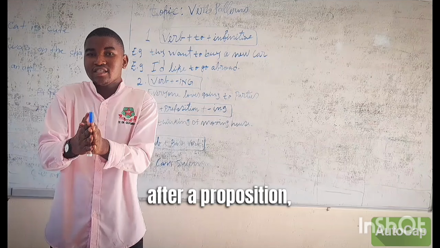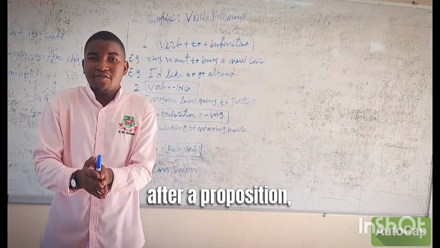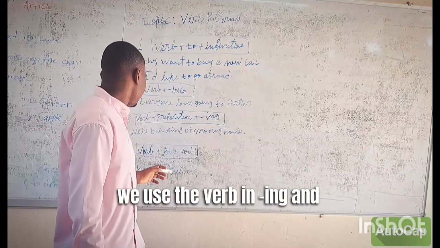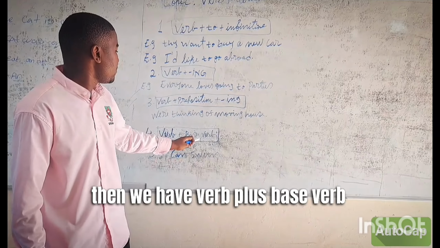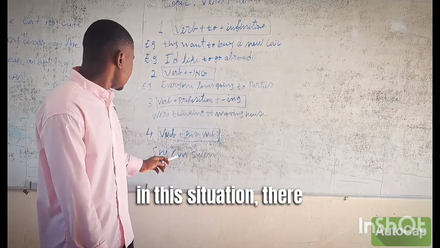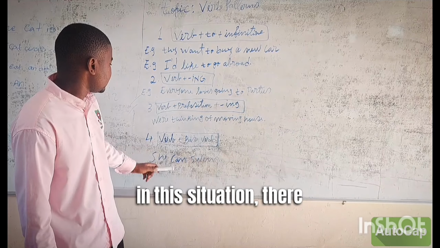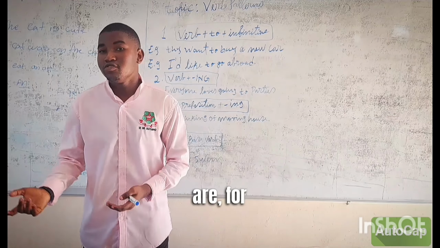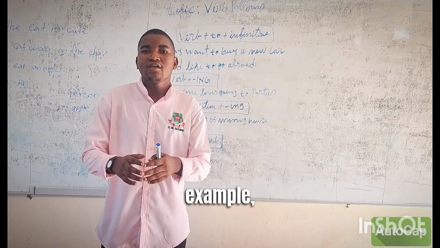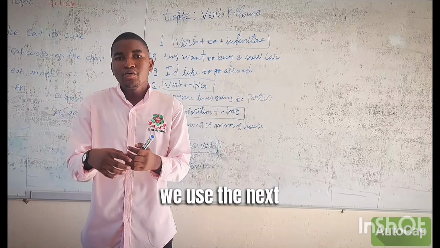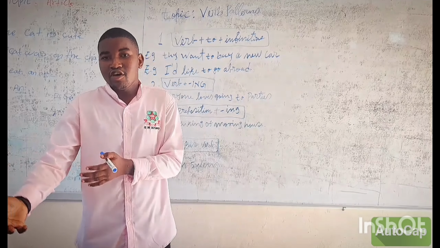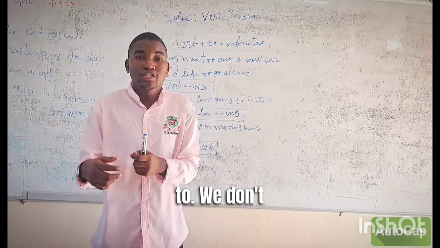So after a preposition, we use verb in ing. And then we have verb plus base verb. In this situation, there are some verbs that are, for example, modal verbs. After modal verbs, the next verb we use without to.